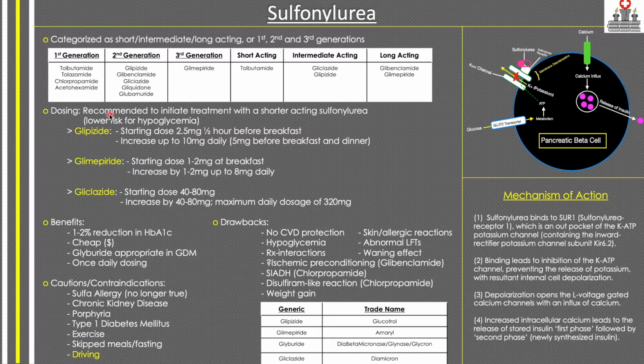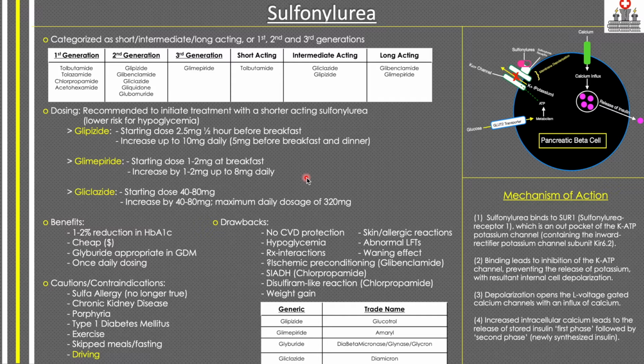So as a result, it is recommended to use the shorter acting versions or the ones that have a lower risk for hypoglycemia. Those ones include glipizide, which is also known as Glucotrol, glimepiride, also known as Amaryl, and gliclazide, also known as Diamicron. And these are started at their various dosages and they're increased to a maximum depending on that drug.